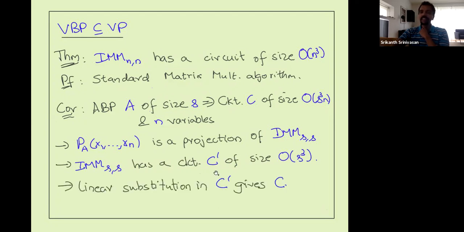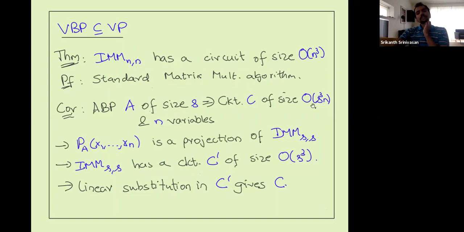I can just make these linear substitutions. These linear substitutions will replace each variable in C prime by a linear combination of the variables of A, and that might increase the size by a factor of n or something, but that's not an appreciable increase. So we still get a small size circuit for the polynomial represented by A.